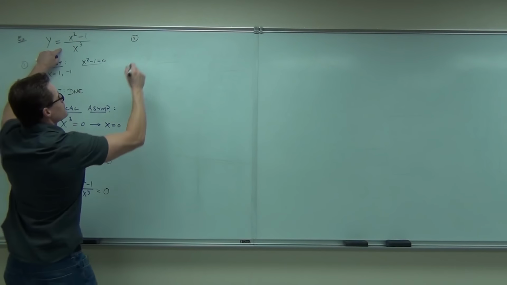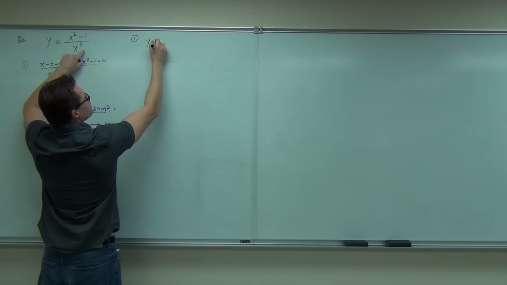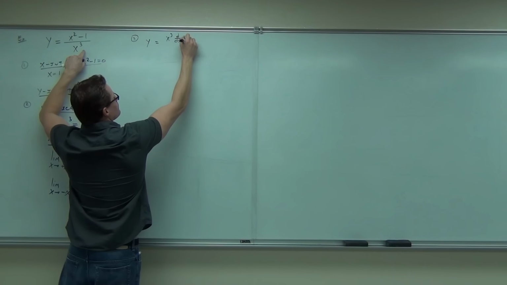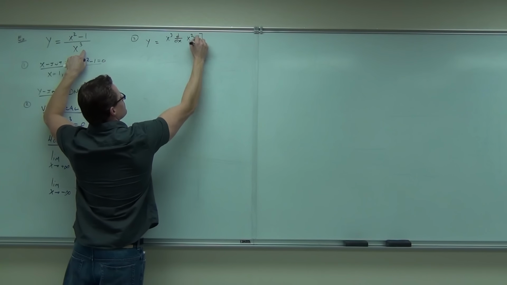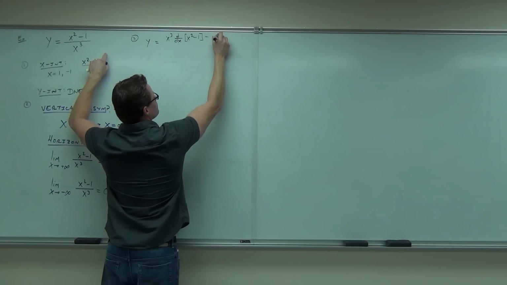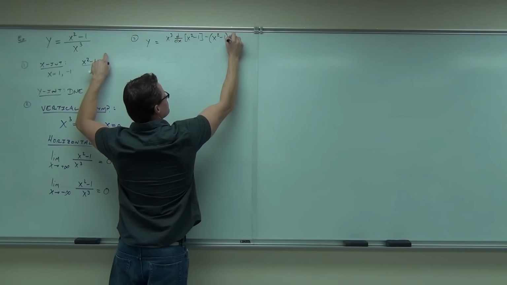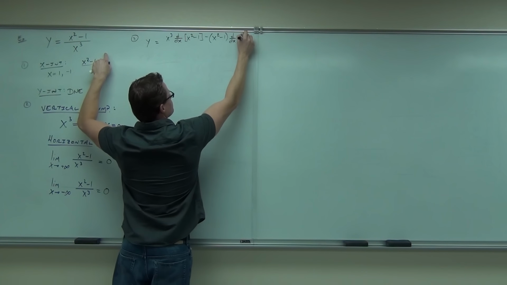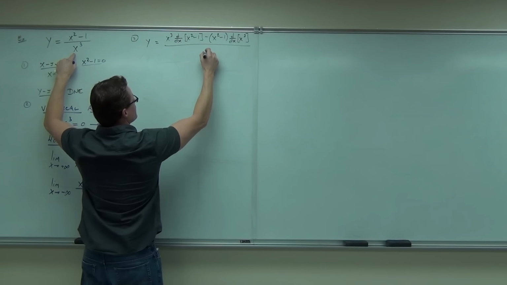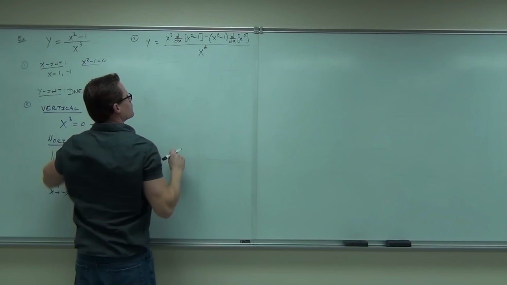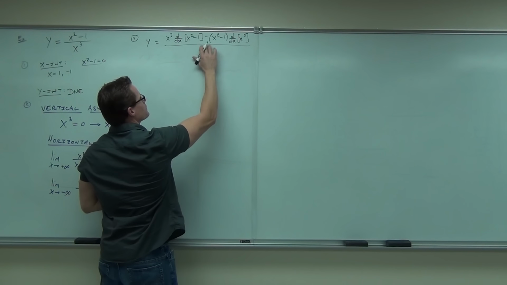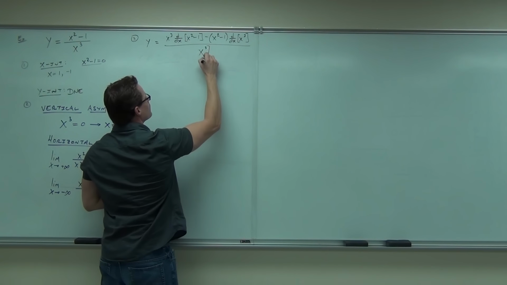What you would do, take your quotient rule, and you're going to have this minus this, all over that squared. Still okay so far? Actually, I'll show the work if you really want me to.